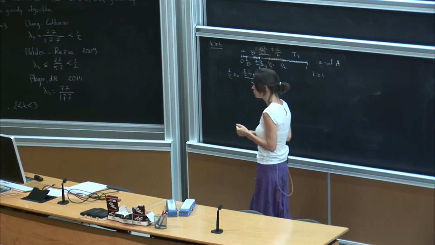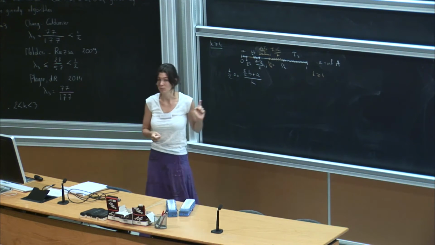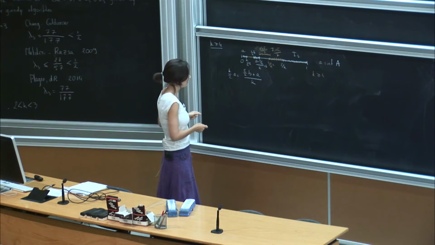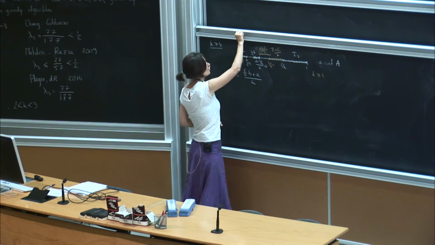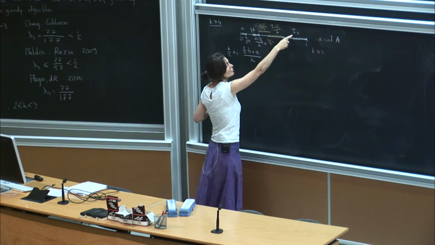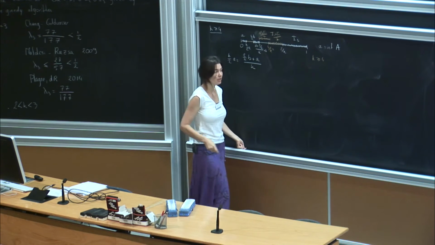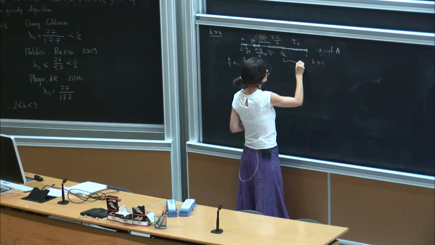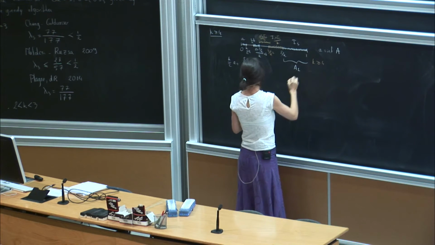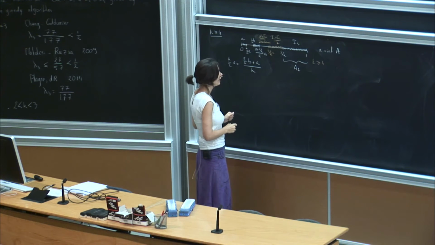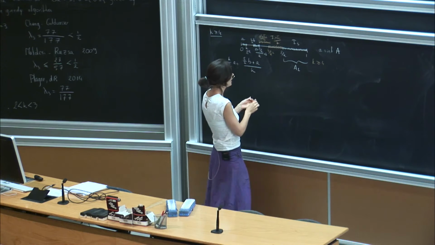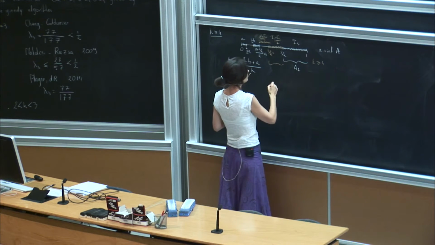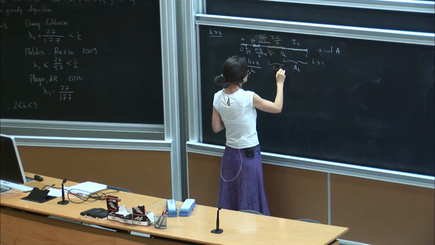What is harder is to prove that this is actually the maximal set. And the thing is that we may not take all of this interval. But if we only take part of it, let's say A1, then here we will have a forbidden set which is A1 plus A1 divided by k.